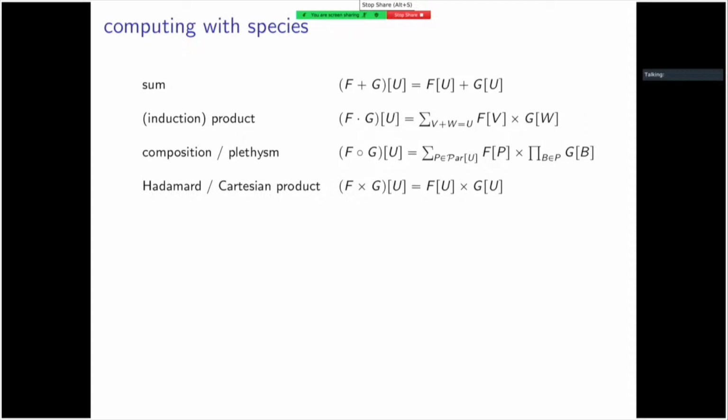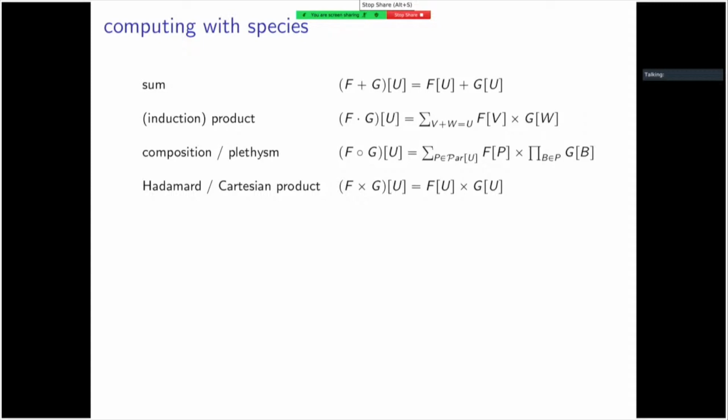Okay, and these two are very nice operations on species. The most interesting operation is plethysm or composition. So we can say what it means to apply one species to another. The correct word is F of G. An F of G structure is obtained as follows.